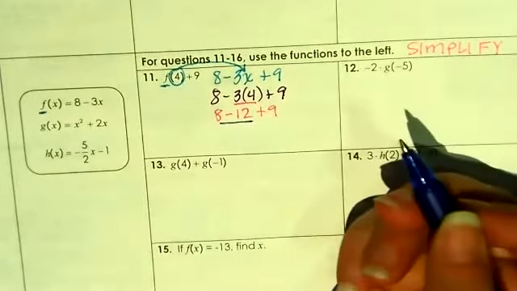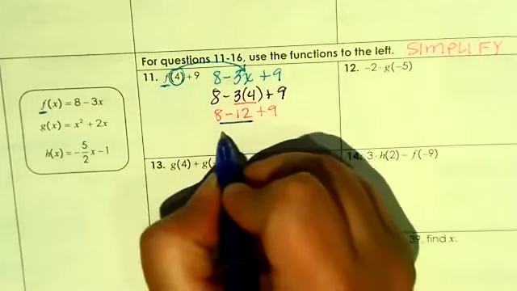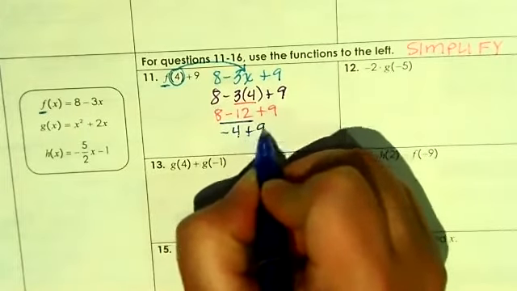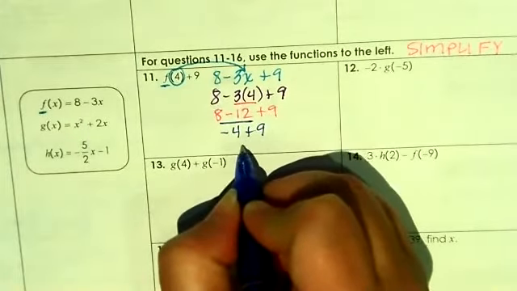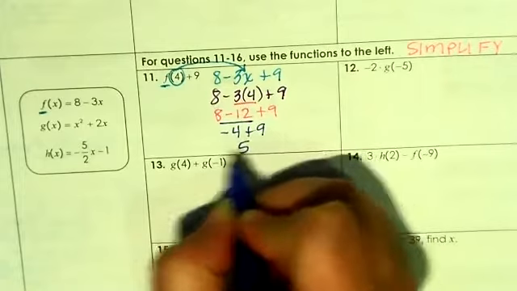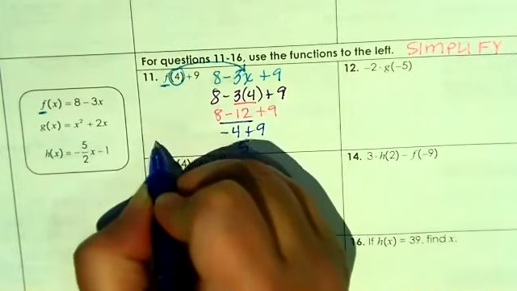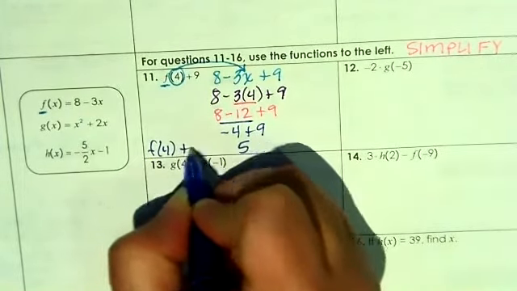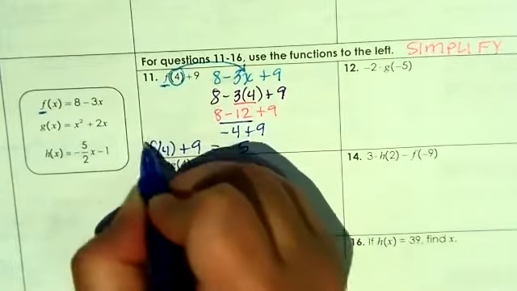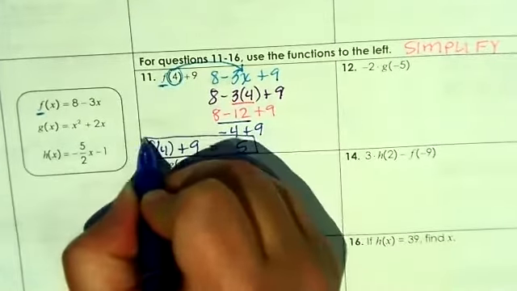And we just follow our order of operations. 8 minus 12 is negative 4 plus 9, which gives me my final answer of 5. So we would say f of 4 plus 9 equals 5.